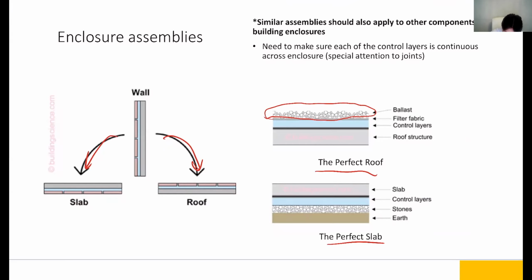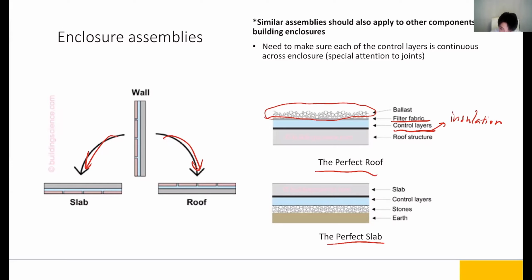It's protecting the filter fabric and the underlying control layers. The control layer here means the insulation, right? And underneath that, we have maybe vapor control layers and air control layers, and then the roof structure.